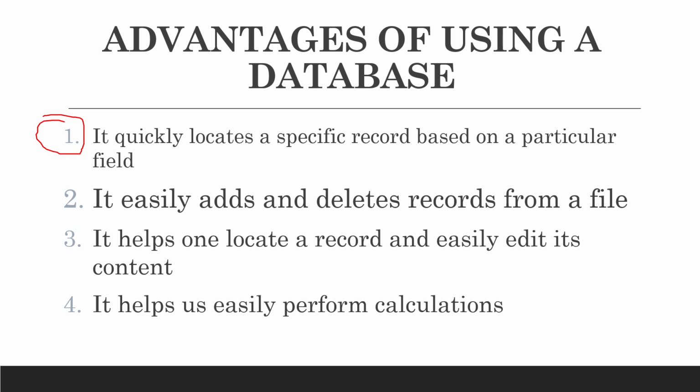When they type my account number, my name just pops up. So with the electronic database, it's very easy to locate a record just by knowing one piece of information. Another advantage is that it easily allows us to add and delete records from a file.